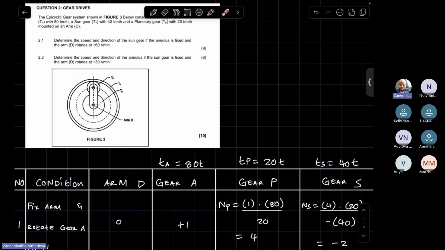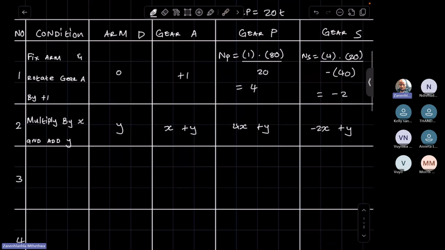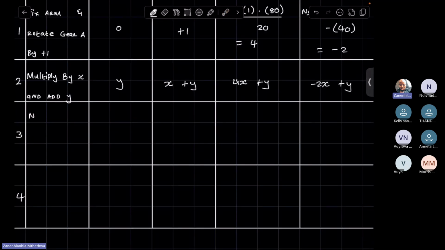The 2 other assumptions will either be given in the question itself, or they will be given in the statement. In this case, the 2 other assumptions are given in the question itself. So to identify what you are looking for, they say here, determine the speed and direction of the sun gear. So essentially, we know that we are looking for NS. This is what we're looking for.